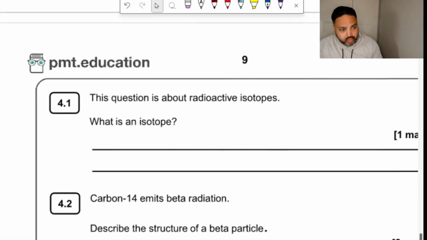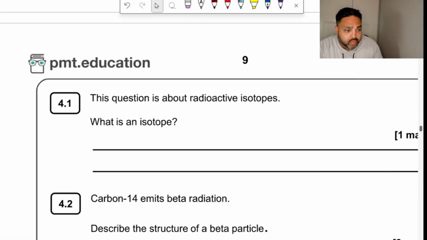What is an isotope? Someone tell me in the chat really quickly. What is an isotope? Good, well done, Ellie.